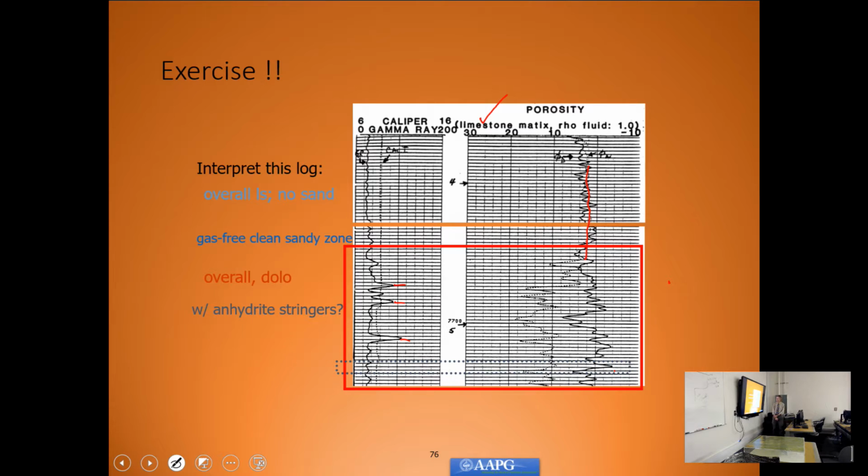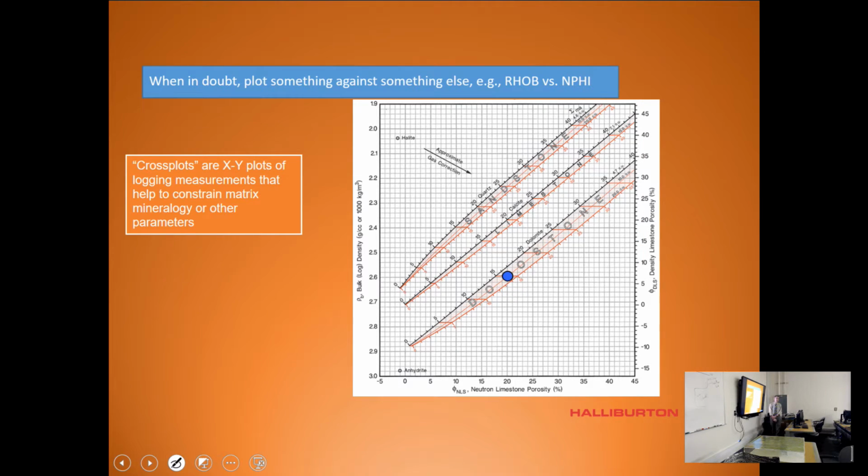So the way an interpreter would deal with this, you might be saying, well, how do you know that it's really dolomite or sand? Just because of the curve separation. You would use an algorithm like this. This is a graphical version of an algorithm that has the bulk density plotted as a function of neutron porosity. And then these are different matrix conditions.